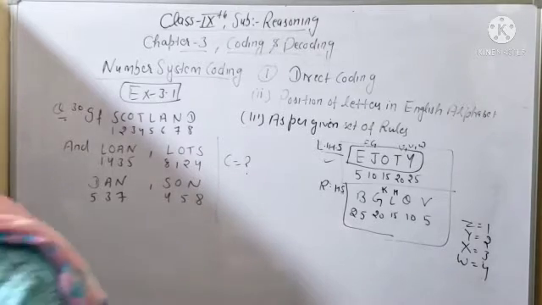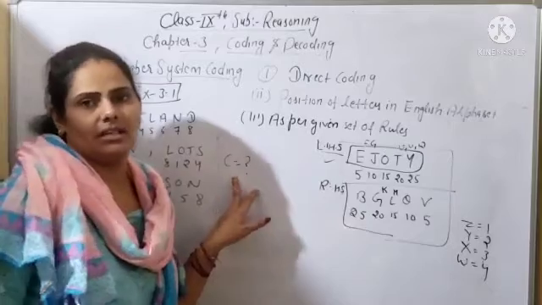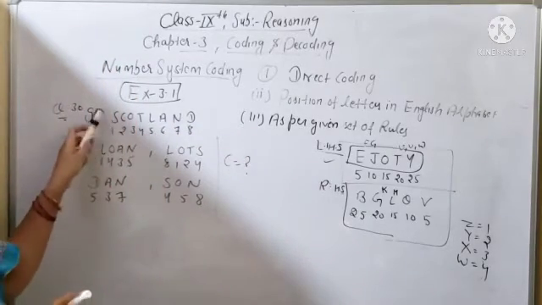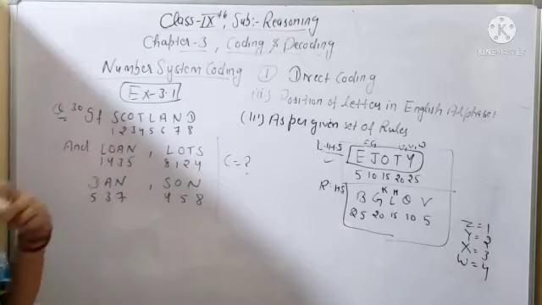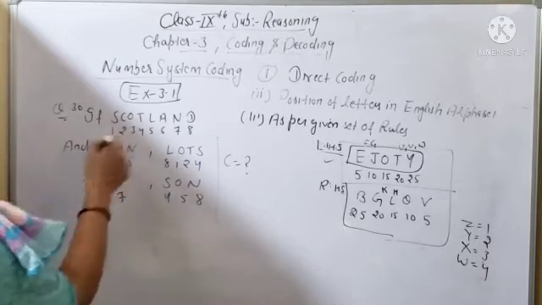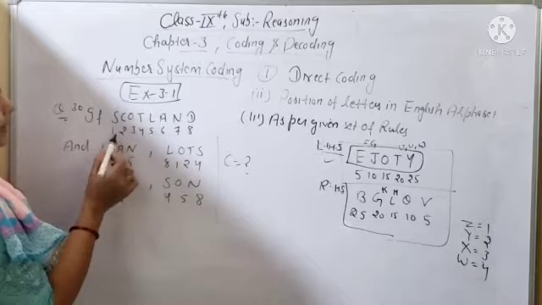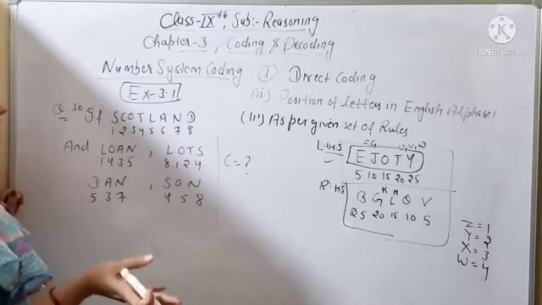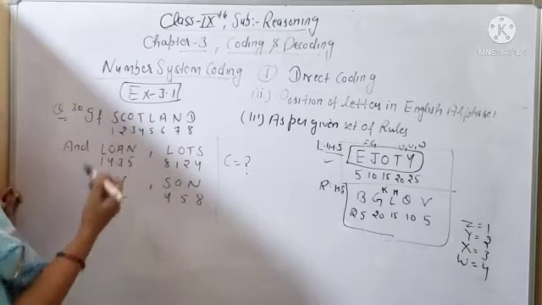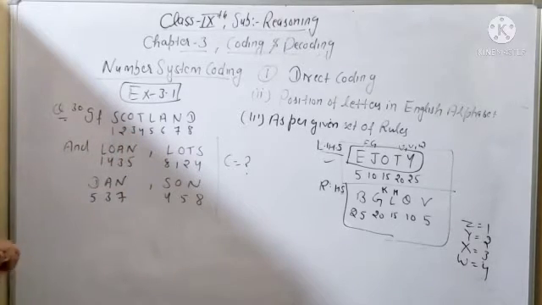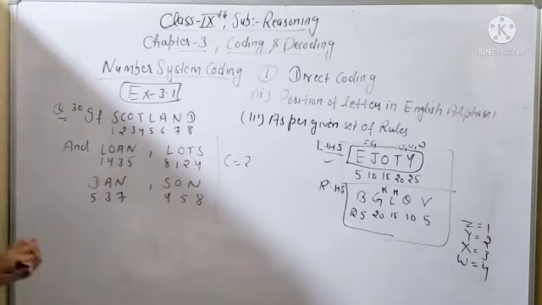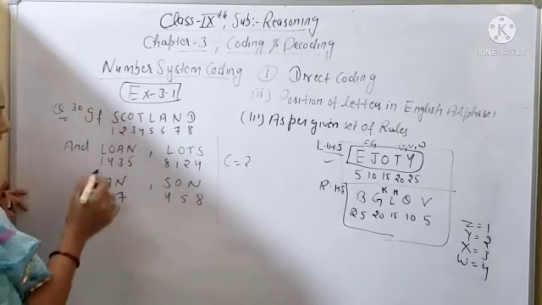So you have to find out what will be the code of C. Here in this question beta, first you have to find out the code of all the letters. It is written that SCOTLAND is coded only as these numbers, but we have to find out the actual code of S, C, O and T. And you have to find out the code of C. So simply from here you have to relate.